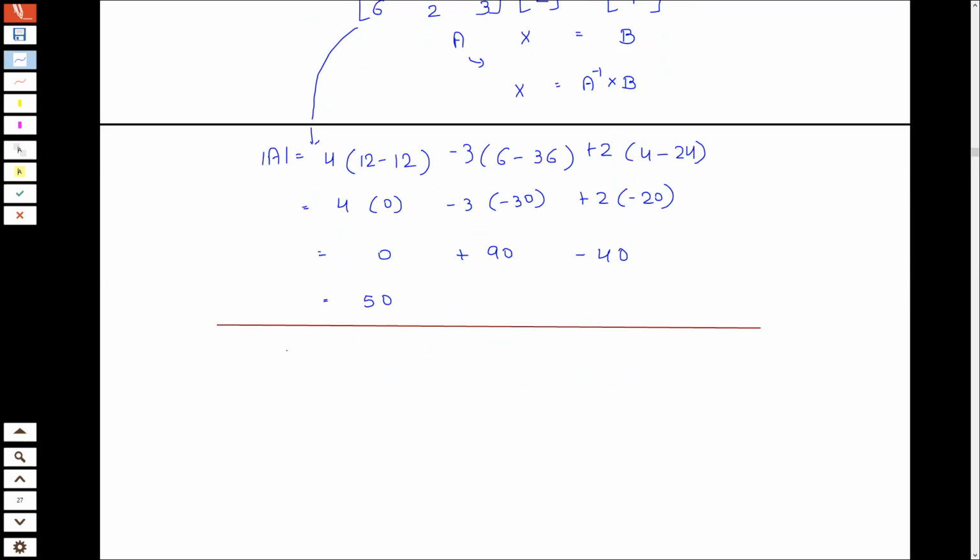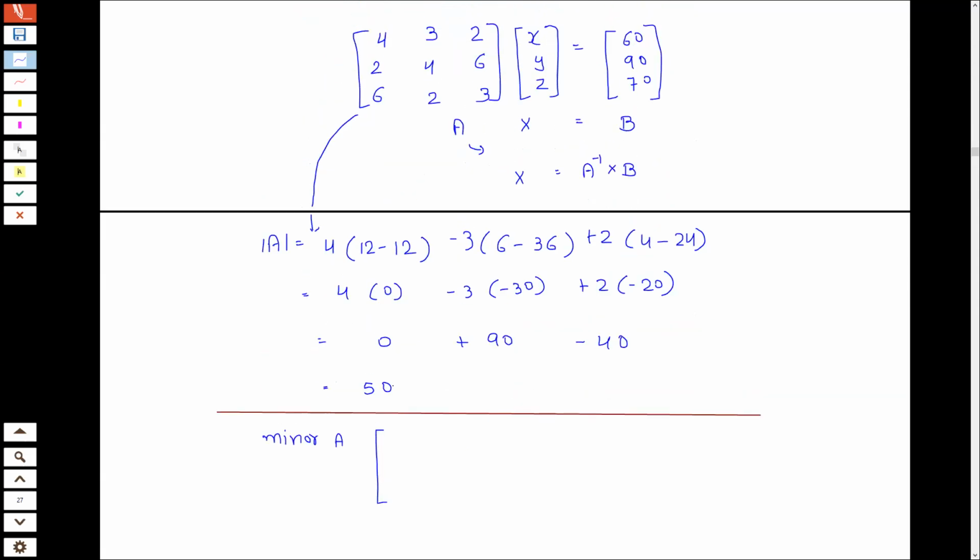Our next step is to find minor of A. Now to find the minor, first row is already ready with me. So that I will write 0 minus 30 minus 20.